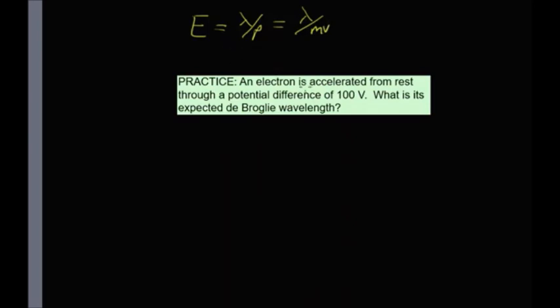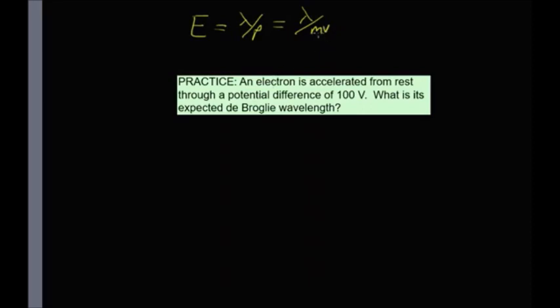All right, so we've got an electron that is accelerated from rest through a potential difference of 100 volts. What is its expected de Broglie wavelength? All right, so we've got several things that are going on here. First of all, we need to find out what its velocity is, so we can use this equation.